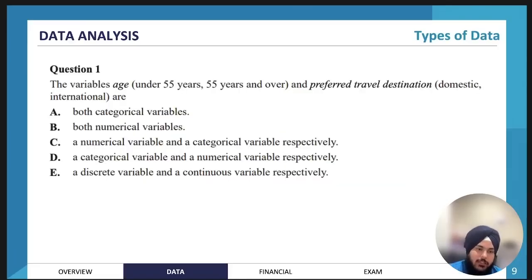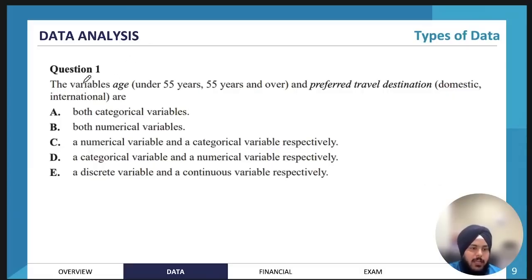Okay, now looking at a quick practice question, a question that you're more than likely to get on your exam 1. It asks about two variables and you have to classify them. We have the variables age, under 55 years and over, and preferred travel destination.